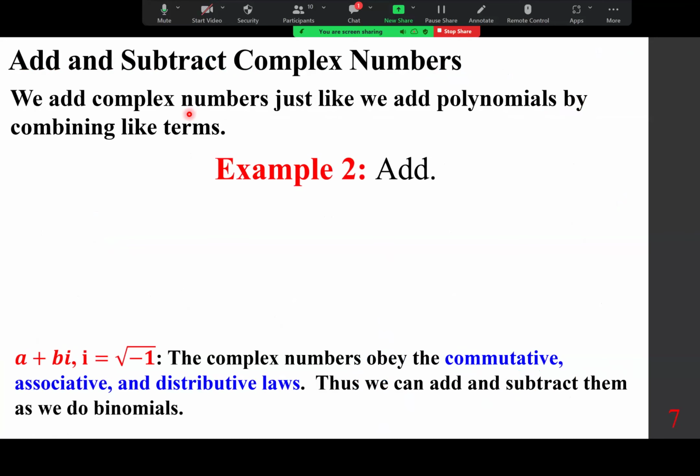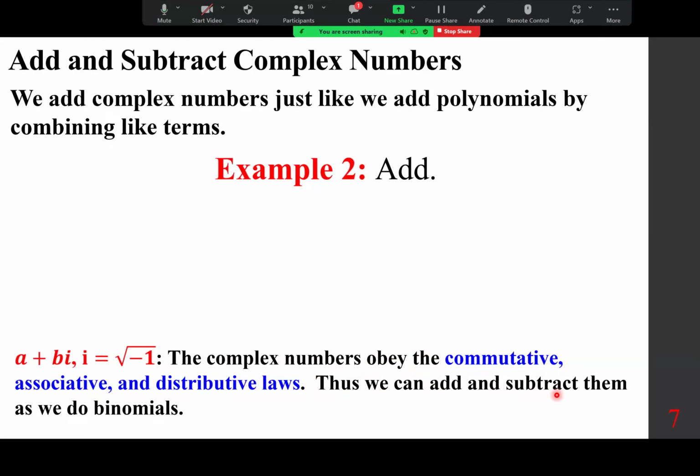All right, we add complex numbers just like we add polynomials by combining like terms. Okay. a plus bi, i is defined as square root of -1. The complex numbers obey the commutative, associative, and distributive laws. Thus, we can add and subtract them as we do binomials or just any polynomial.